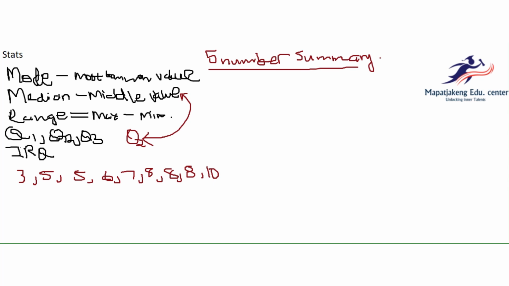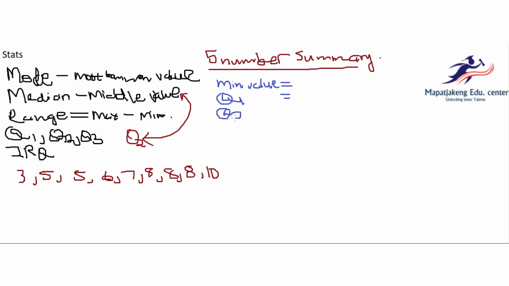The first important number is the minimum value. It's very important, right? And then the second one is going to be your Q1, the first quartile.